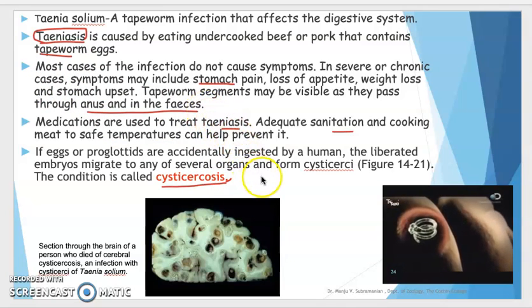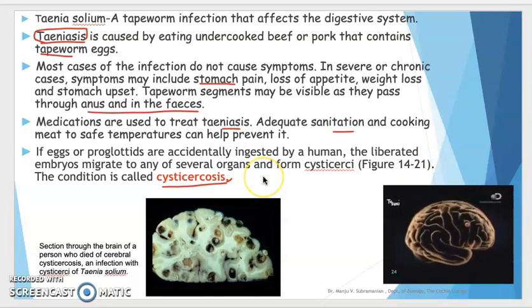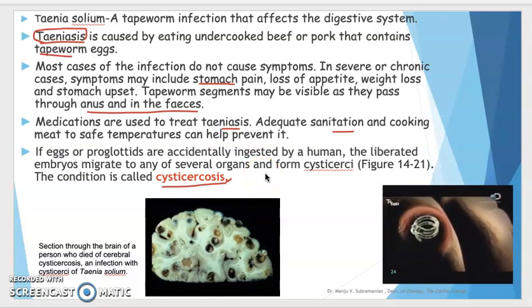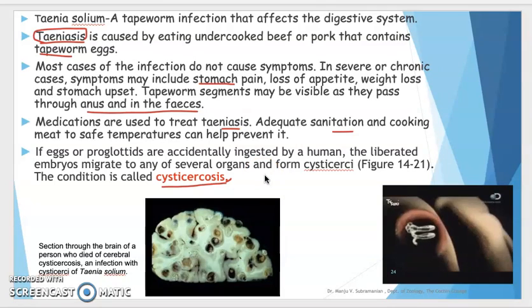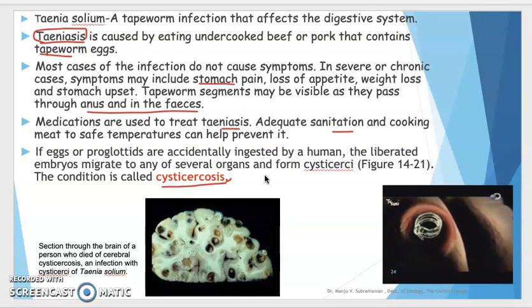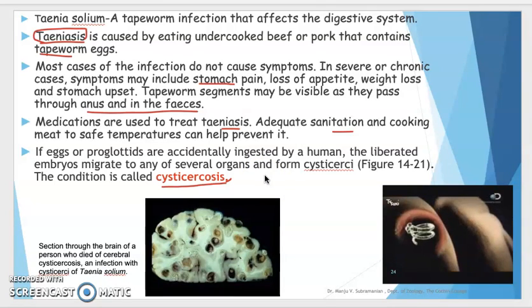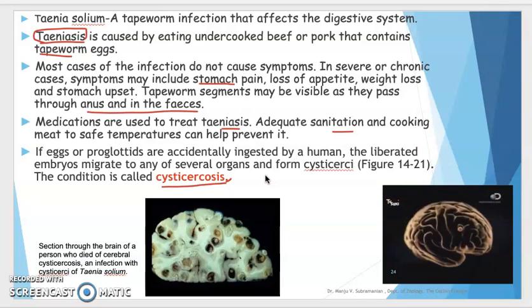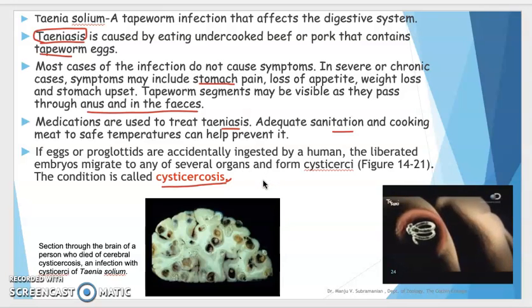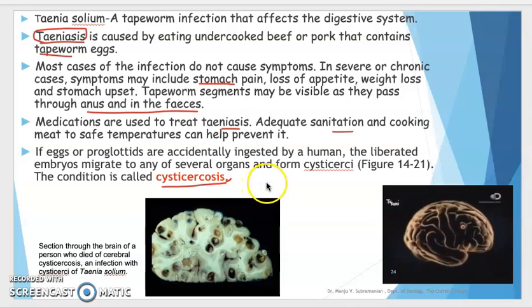Okay, so through the blood it can reach almost all the various internal organs and gets accumulated in all the vital organs, and it is a very difficult condition if the vital organs get loaded with these cysticerci.